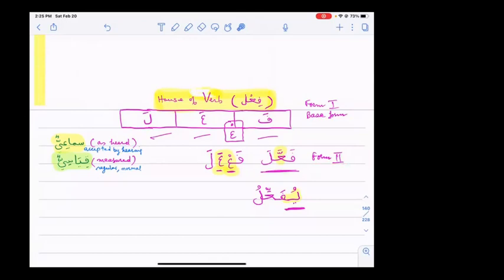So now we have form 2 here, and then we have another word for form 2. It is called Bab Taf'ilu.